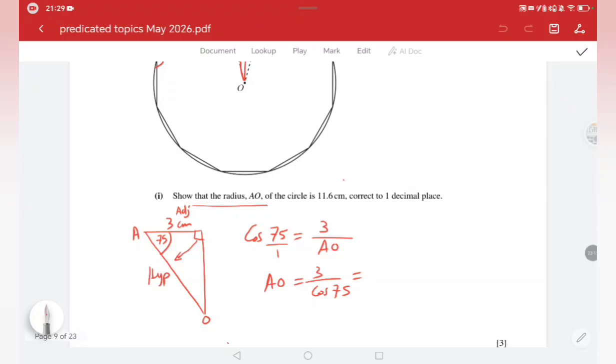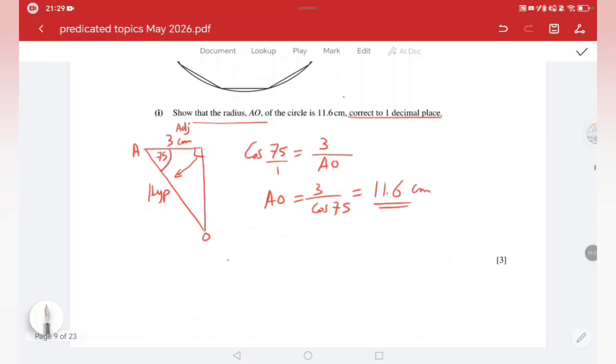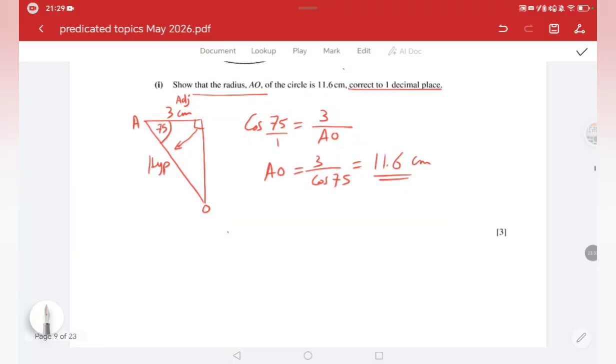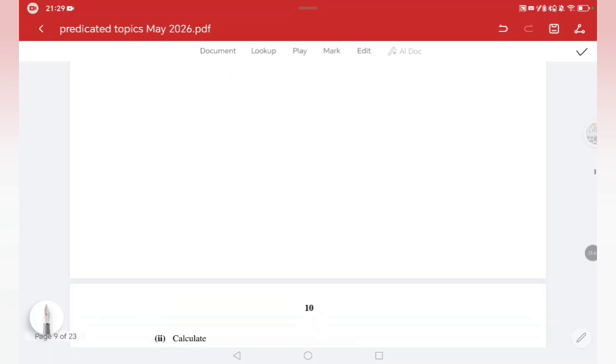So 3 over cosine 75, the answer should be 11.59, and corrected to one decimal place it will be 11.6 centimeters. So now we have AO, which is the radius.